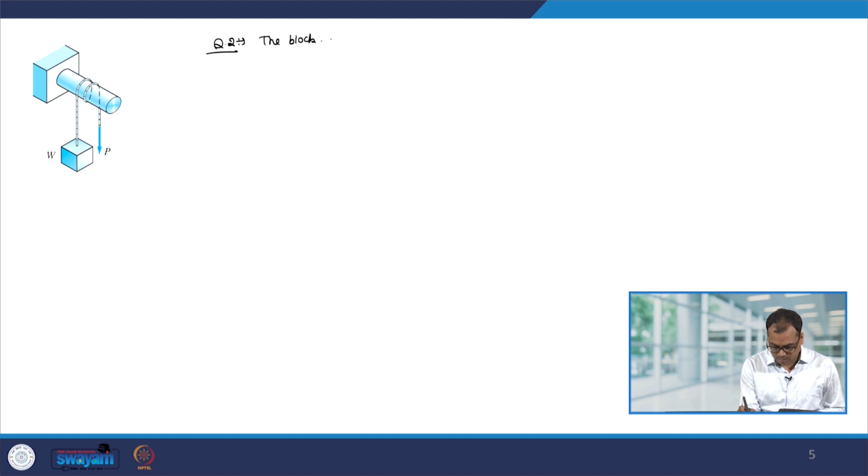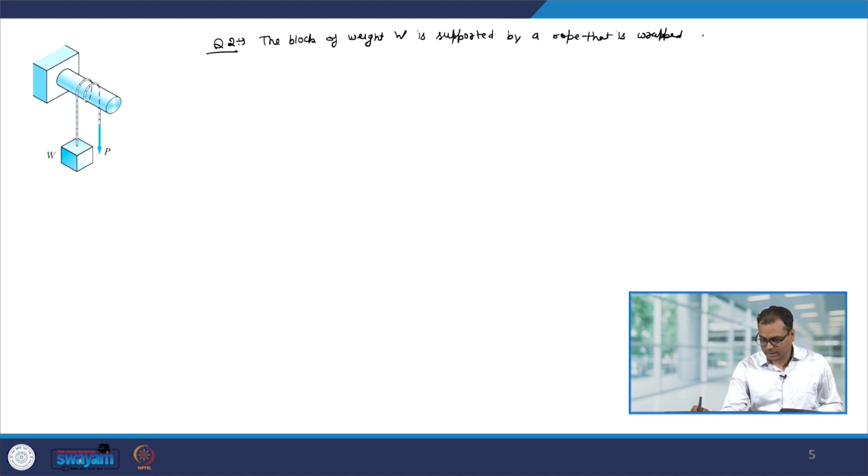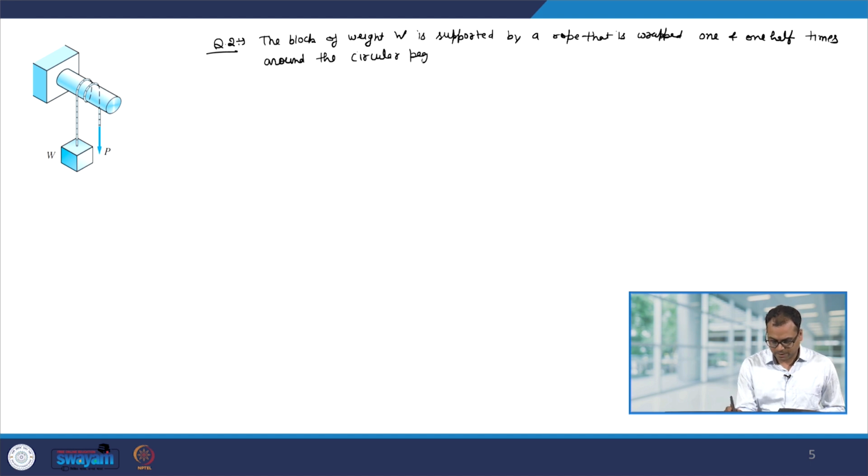The block of weight W is supported by a rope that is wrapped one and a half times around the circular peg.